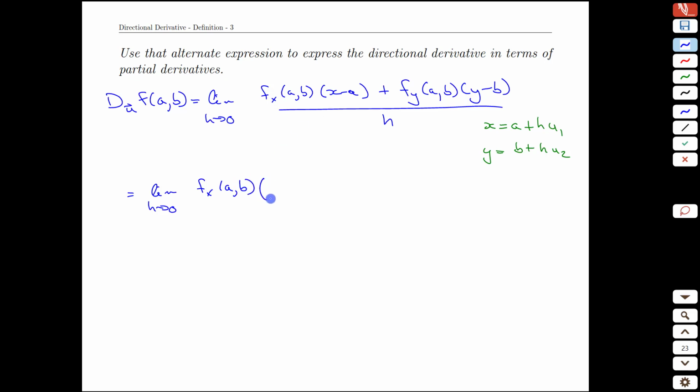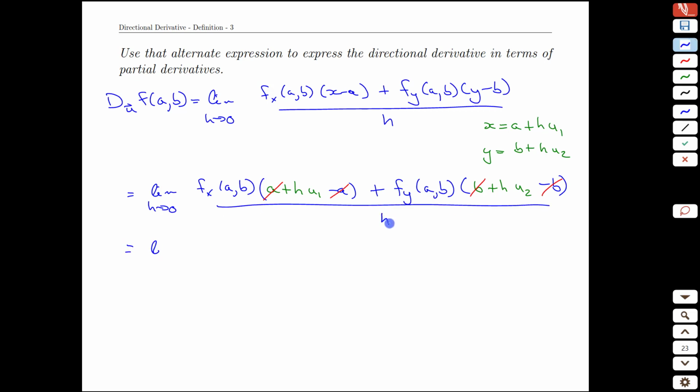The x derivative at a, b times x, which is a plus h u1, and then minus a, plus the second term, the y derivative at a, b there, and now y is b itself plus h times u2, the direction of the vector in the y-coordinate, and then minus b. And of course, we see that cancellation that we mentioned earlier. And so we get the all over h, can't forget that. Copying that from the earlier term.